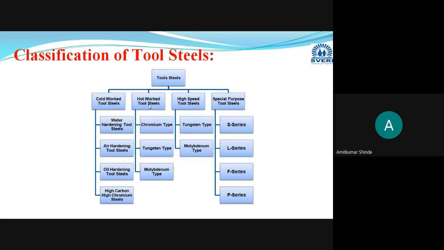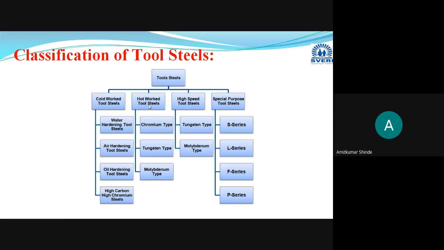And what is the meaning of high speed tool steels? Now these high speed tool steels have very high hardness, and they maintain their high hardness at the higher temperature range also, means about 500 degrees Celsius or above 500 degrees Celsius, or at 550 degrees Celsius also, they will provide you high hardness and very high strength.